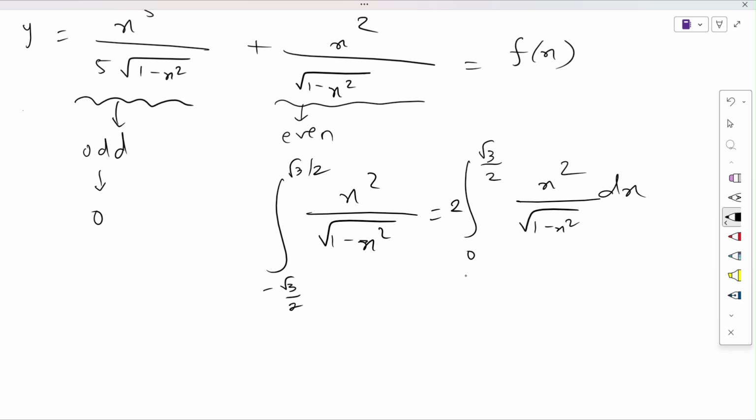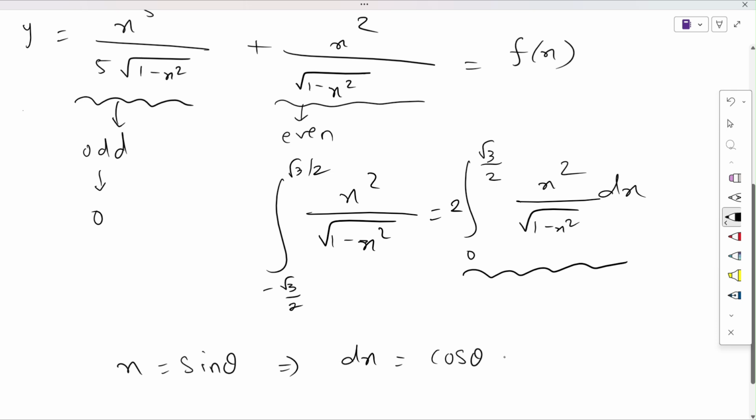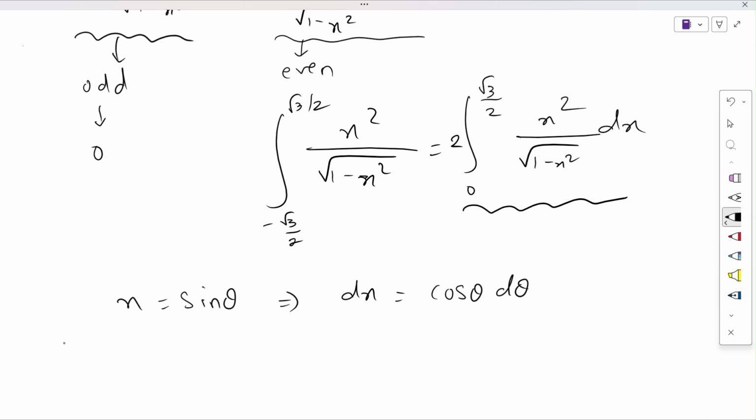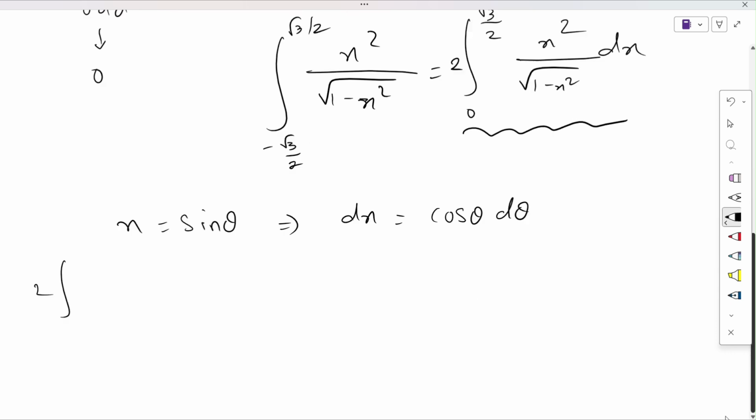Now to integrate this, we'll use a basic substitution. Assume that x is equal to sine theta. If I differentiate this, I'll get dx as cos theta d theta. So this whole integration will become 2 times.